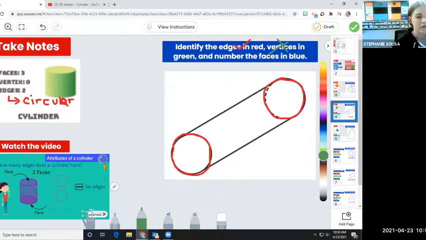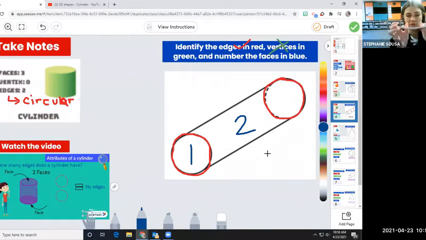And finally, our faces. We are going to identify those in blue. We have the bottom circle. We have the curved surface or the curved face wrapping around the circles, and that is a rectangle, just like if you take a piece of paper. Here's a rectangle. Here's a cylinder.